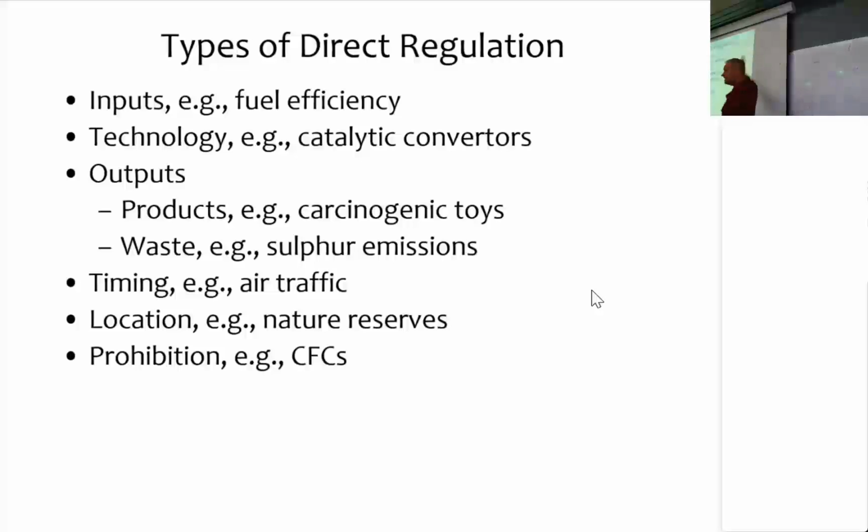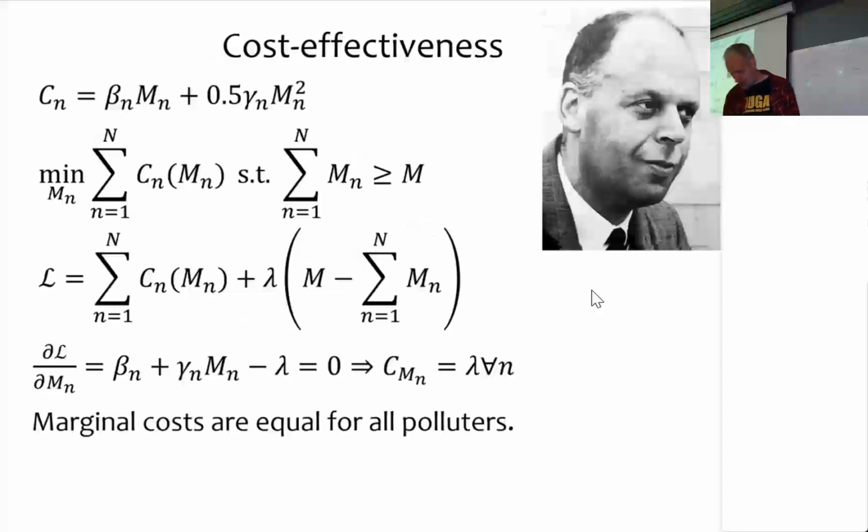Okay, so these are the sort of things that you can do with direct regulation, and there's a whole bunch of additional examples, but this would give you the gist of things. Now let's look at our first criterion, and the first criterion that I listed is cost effectiveness.